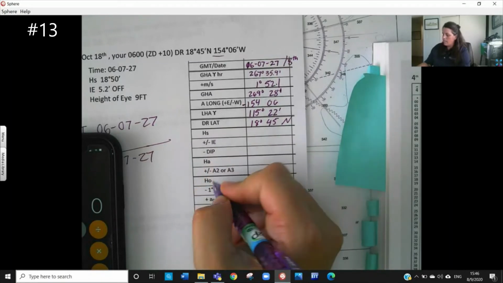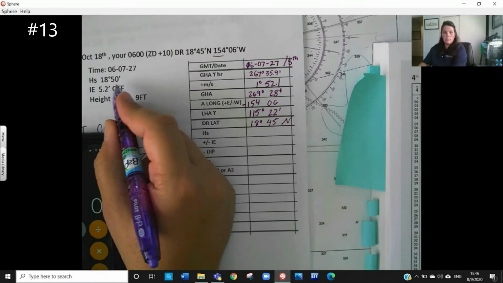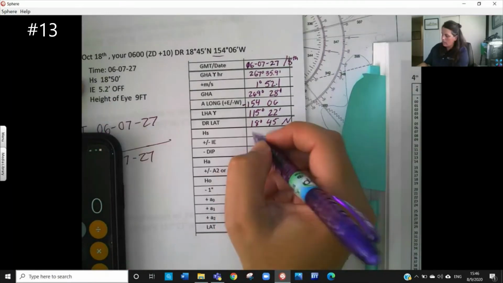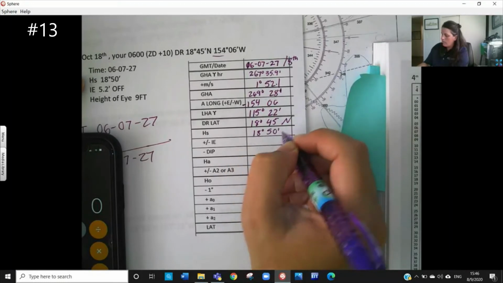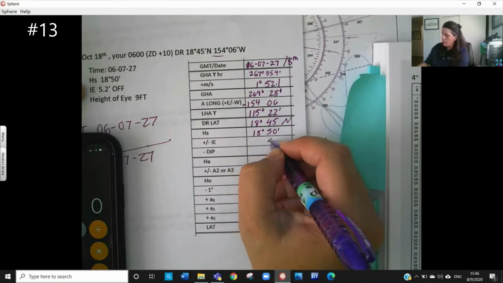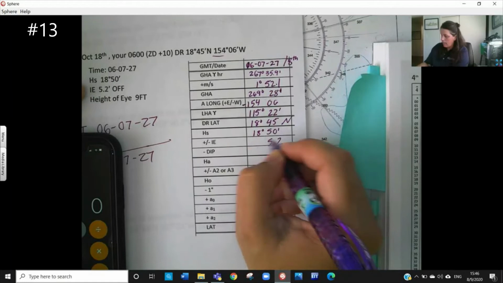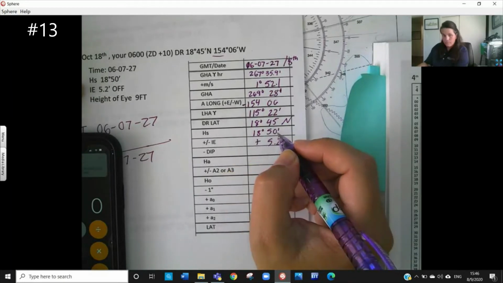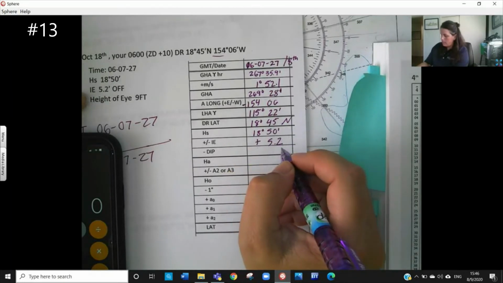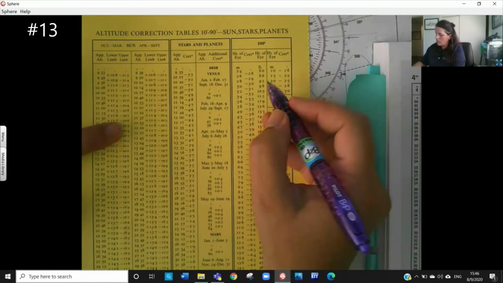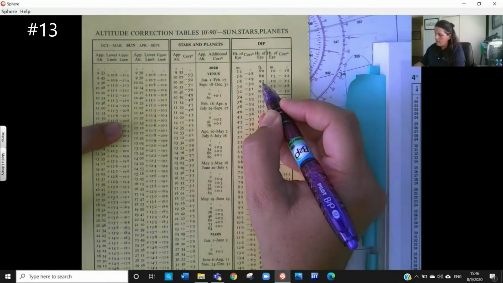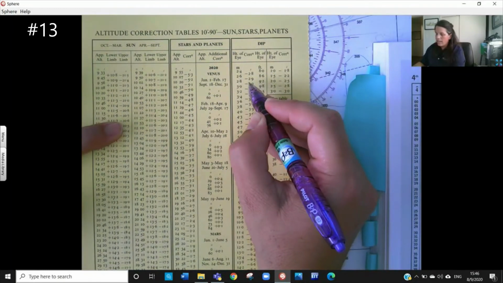Our next step is to calculate HS to HO. So from our given, we have our raw sextant altitude of 18 degrees, 50. Our IE was 5.2 off, so we put it back on. Our dip was 9 feet. So we go into our correction to find a dip correction of 2.9.